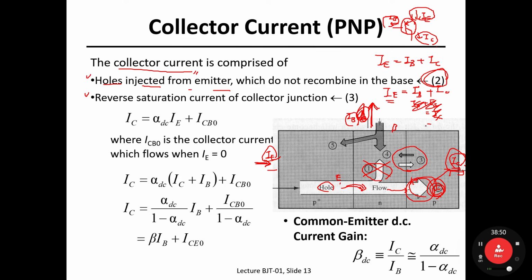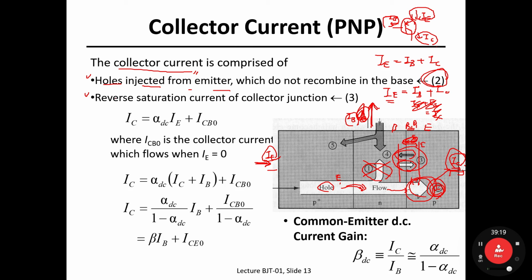Since the base-collector junction is now reverse biased, part of the minority carriers near or at the edge of the depletion layer can be diffused into the depletion layer. Once they are injected into the depletion layer, they're going to be drifted into the other side because of the built-in electric field in between.